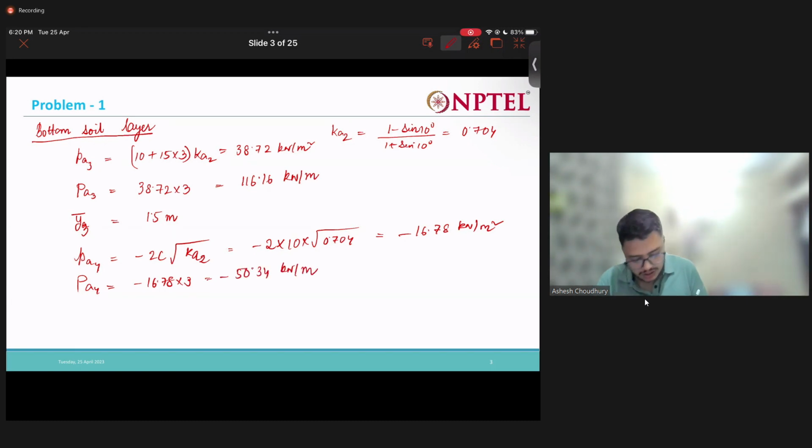So got Pa4. So Y4 bar will be nothing but 1.5 meters.